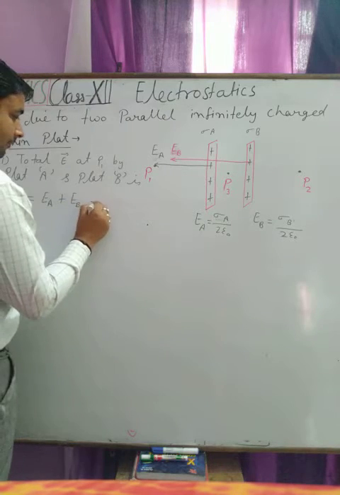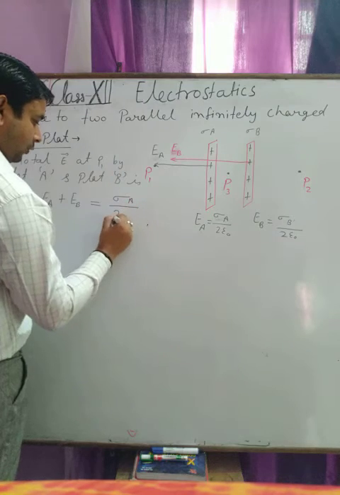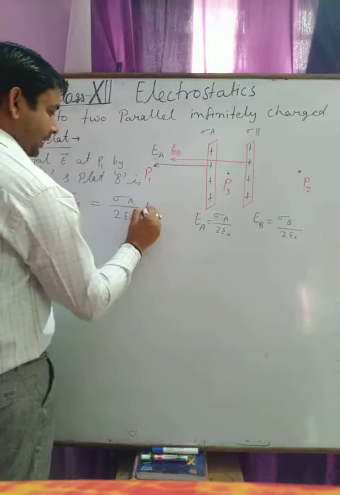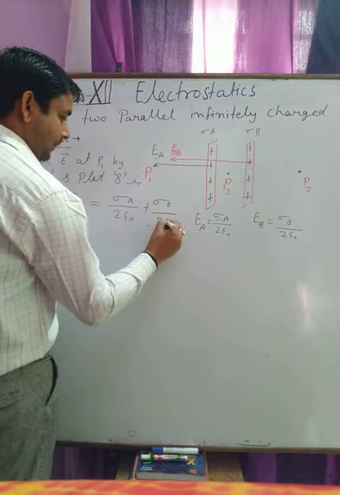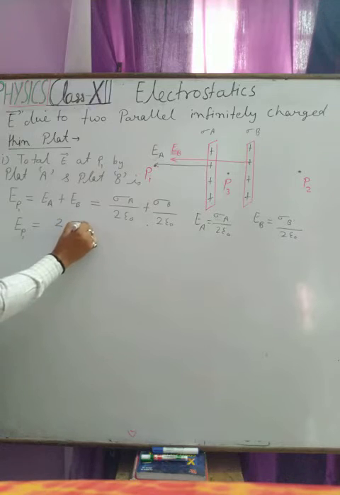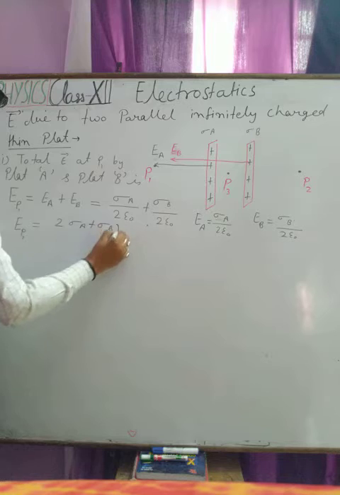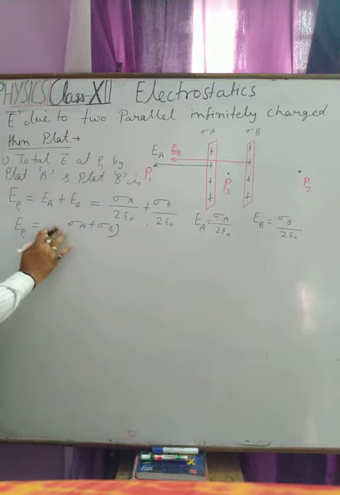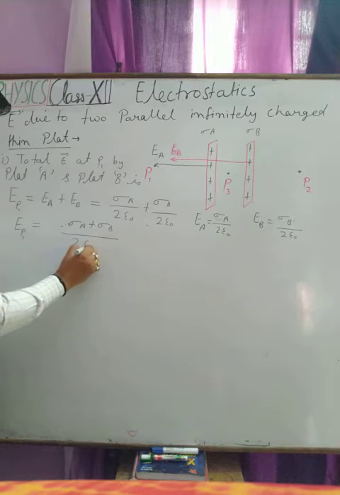Therefore, putting these values, sigma A upon 2 epsilon naught plus sigma B upon 2 epsilon naught, we get the electric field at P1 as sigma A plus sigma B upon 2 epsilon naught.